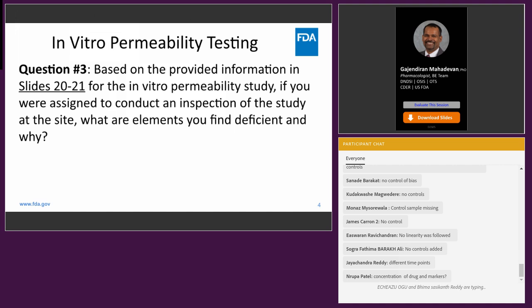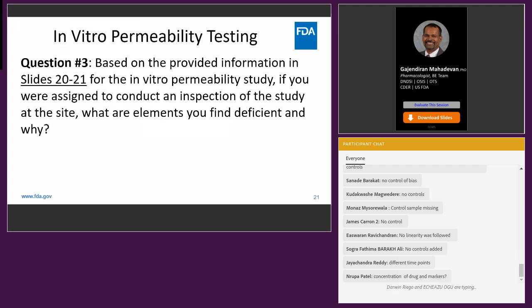Okay, let's go over the answer. Then we can discuss, so you may get some idea. If you were assigned to conduct an inspection of the study at the site, what are the elements you find deficient and why?